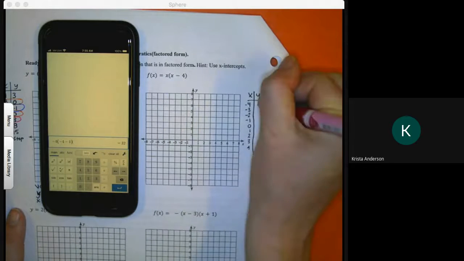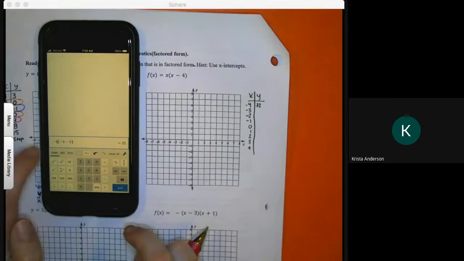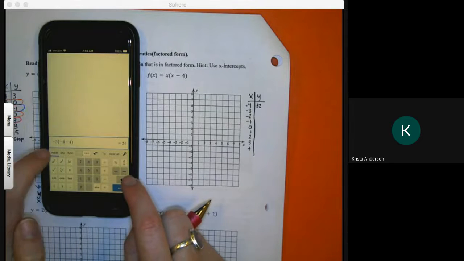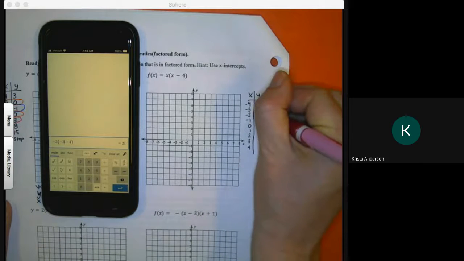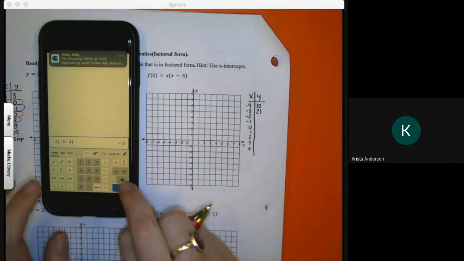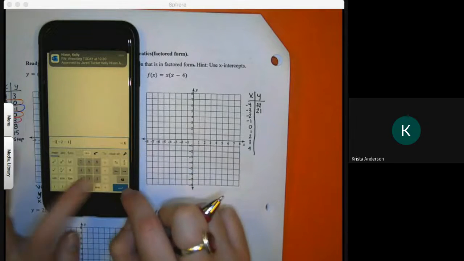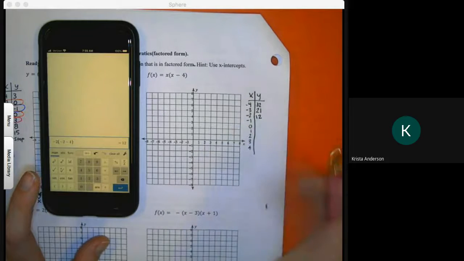That makes 32. Then I'm going to change it to -3. 21. Those won't even fit on my graph, so you could skip plugging in numbers if they're too big. 12 is getting closer to fit.